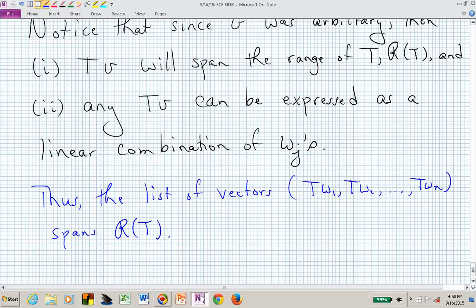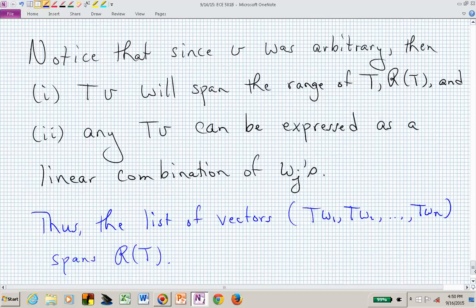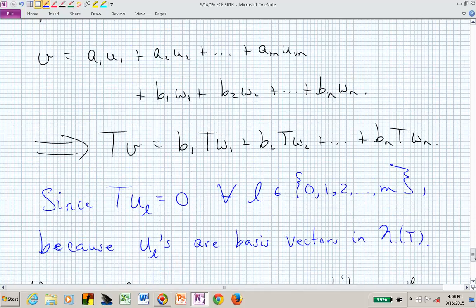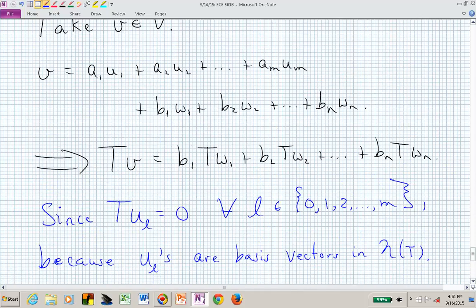So now I do mean W's, because now what I'm saying here is TV gives me a vector in W, capital W, and now I can write any vector in the codomain as a linear combination of these TWs.